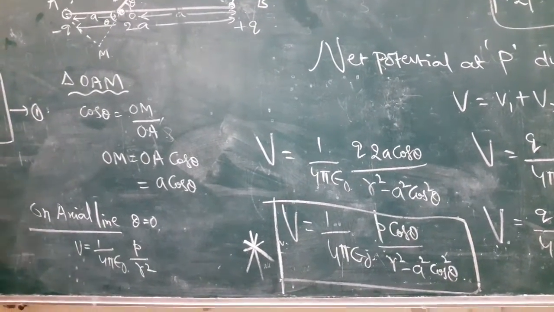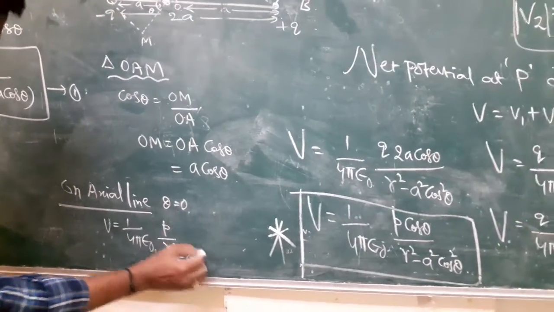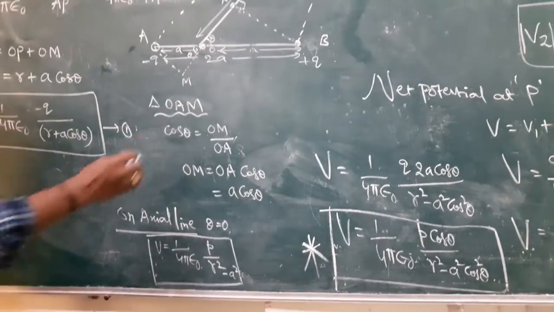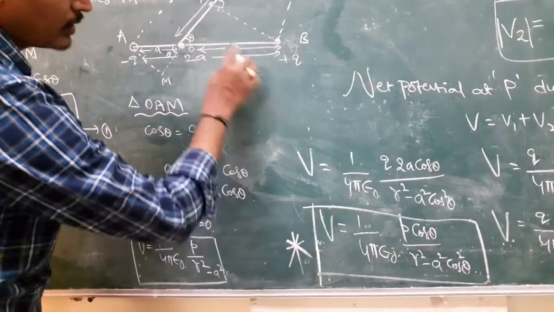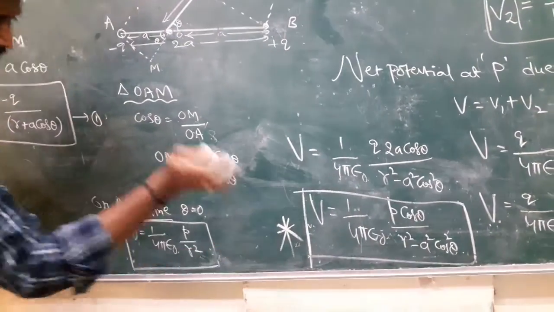Compared with r, a is very very small, so you can neglect it.